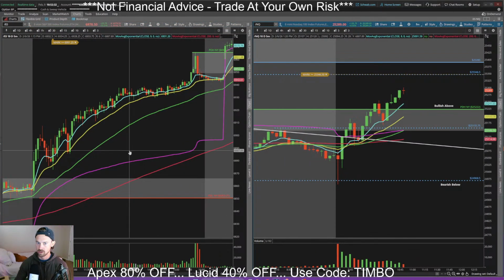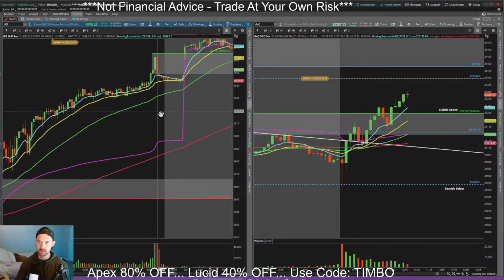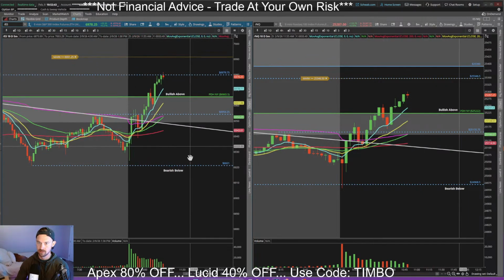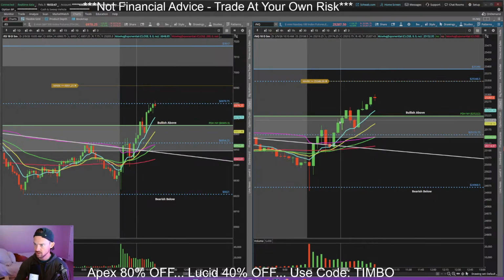So if you miss one, there's going to be another one most likely. Unless it's a really choppy, range bound, crappy price action type day. Obviously we're going to have those kind of days, but if it's a decent day, like today is a good push up, pull back, opportunity for a long, another pullback.